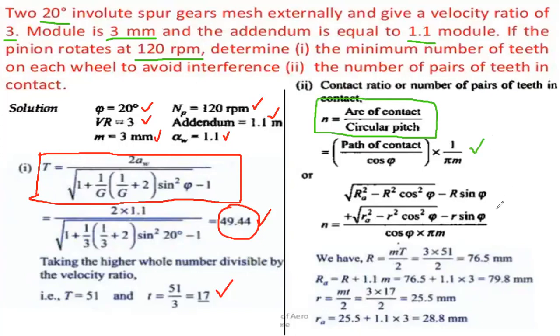So this is the formula that we have to take.